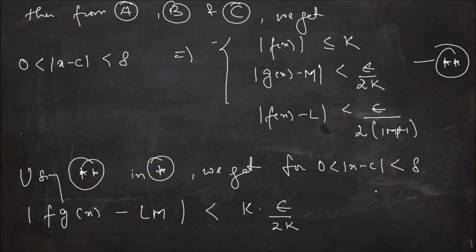For this x, this is true. Plus mod m into epsilon by 2 mod m plus 1.